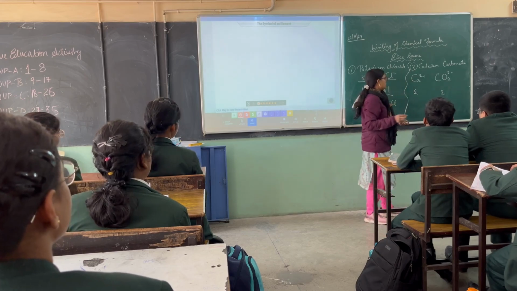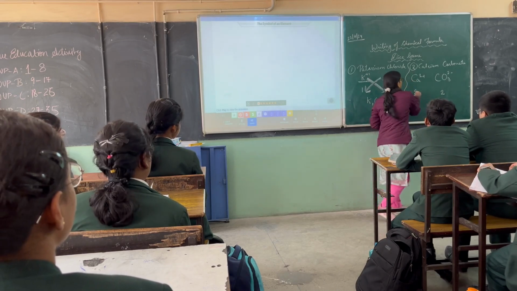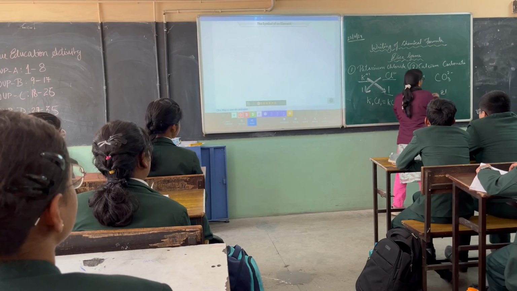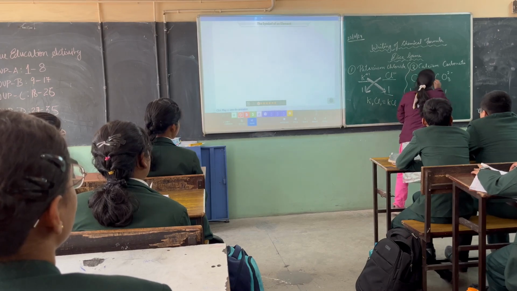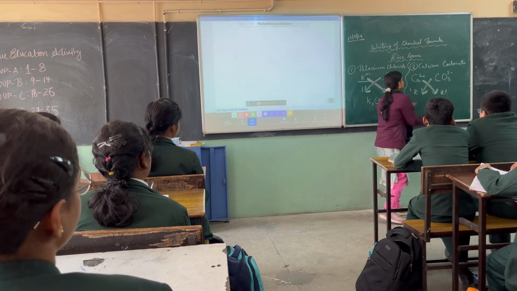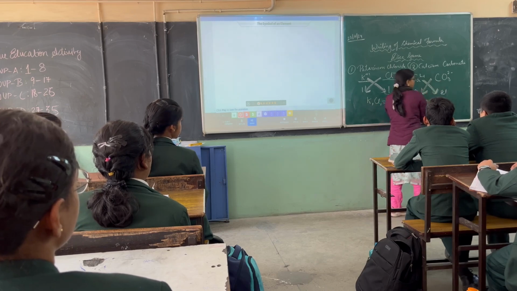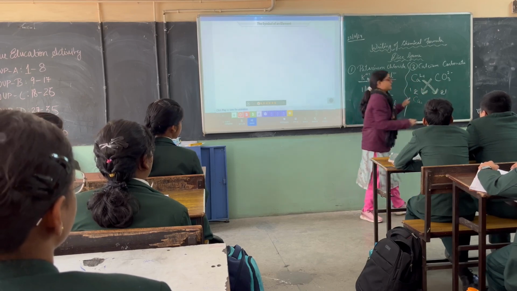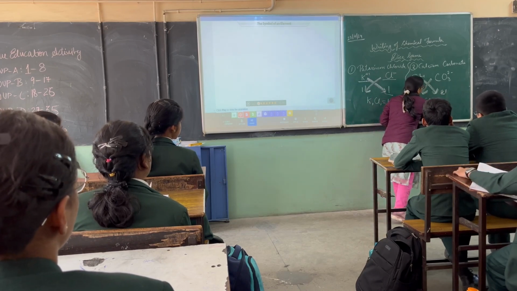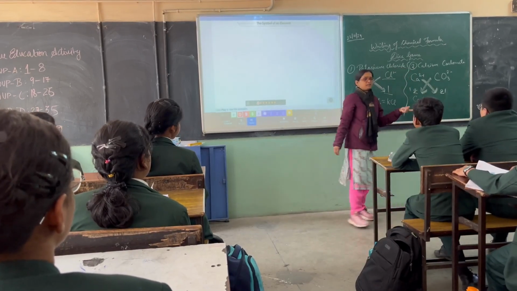Okay, so these are common. Can we cut it? Yes. 2 ones are 2, 2 ones are 2. Now what we will do? Crisscross, we will multiply. Ca multiplied with 1, and CO3 multiplied with 1. Can we ignore 1 here? Anything multiplied with 1 gets the same.